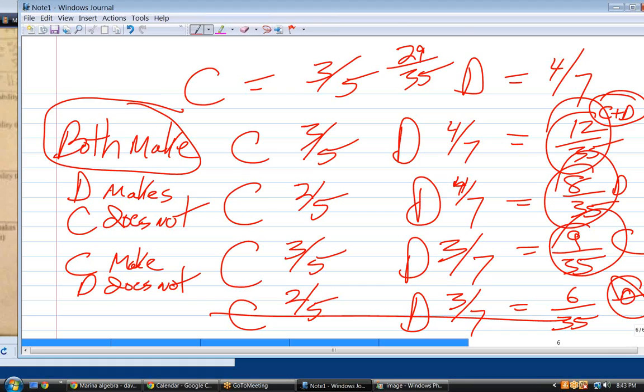I'm adding, well, first you have to do the first part of it where fish C makes it. So you do 12 over 35 plus 9 over 35. Okay, so 21 over 35 happens where C makes it.